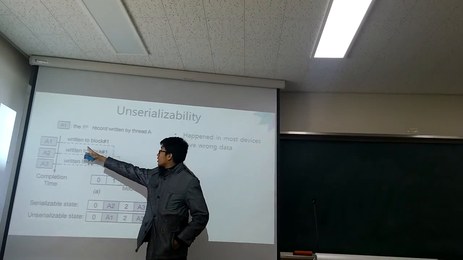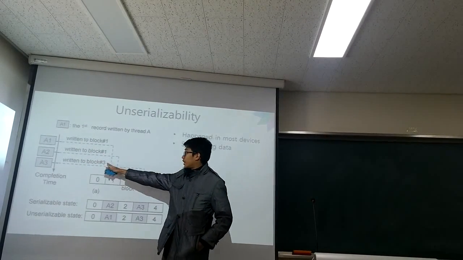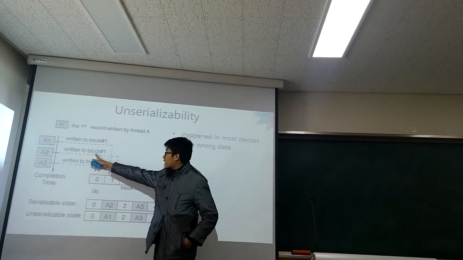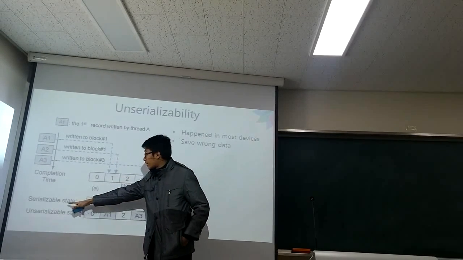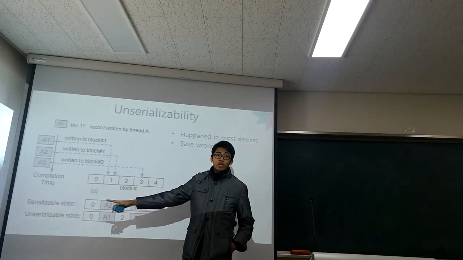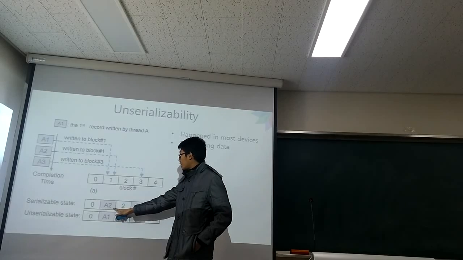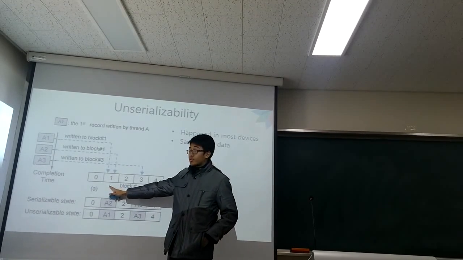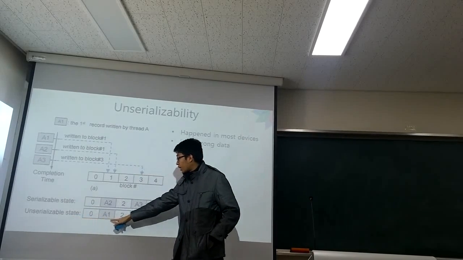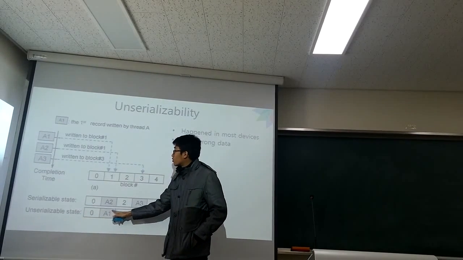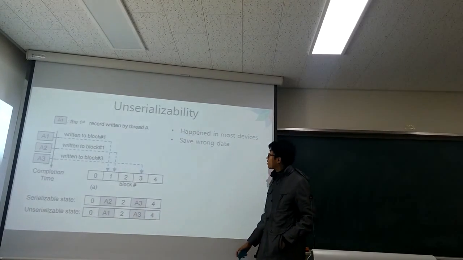The thread will write the first data to block number 1, and then write data number 2 to block number 1. This is serializable. If things happen without any errors, it should return A2 as the value of block number 1. But because of the unserializable error, it will show A1 instead of A2.